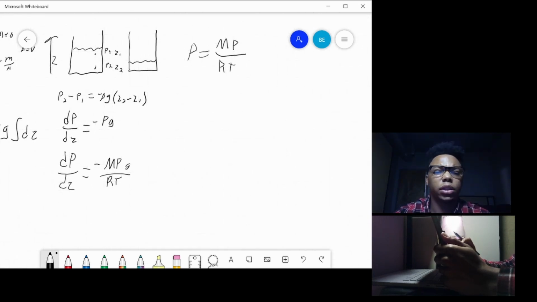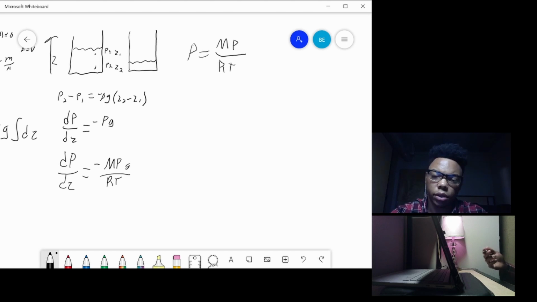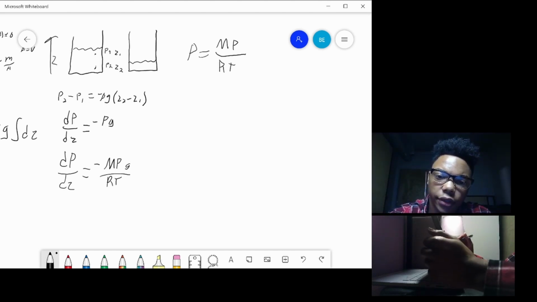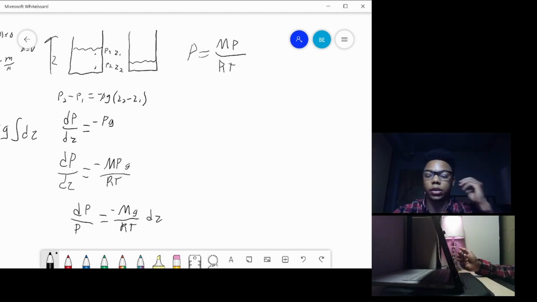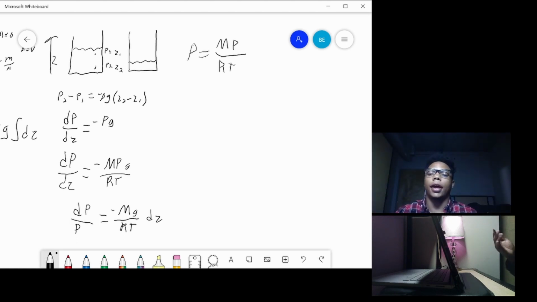Next I'm going to explain why this works. For some variation of pressure, we're going to be equal to molecular weight times gravity over RT times the change in z, where z is going to be our height.